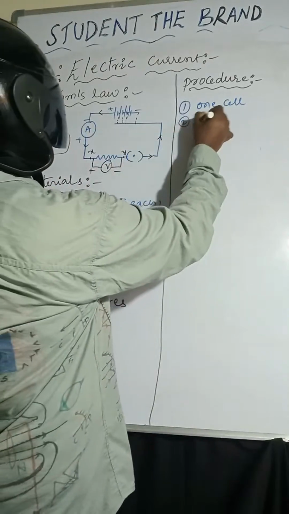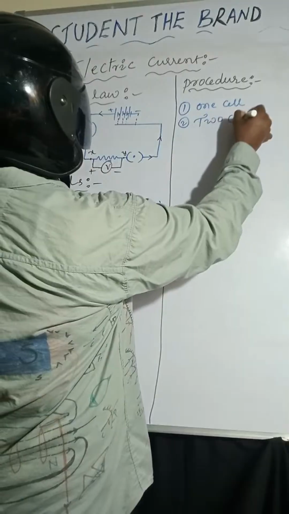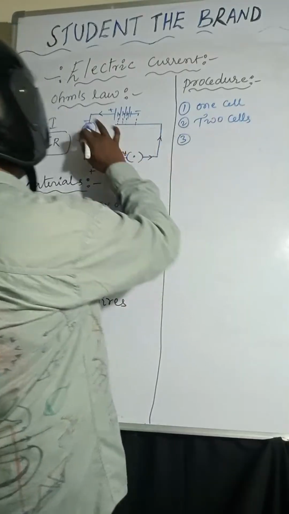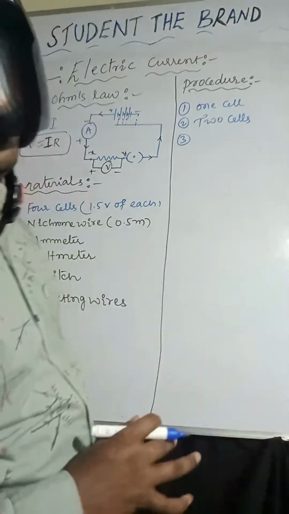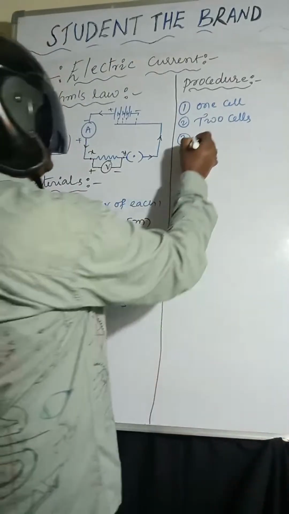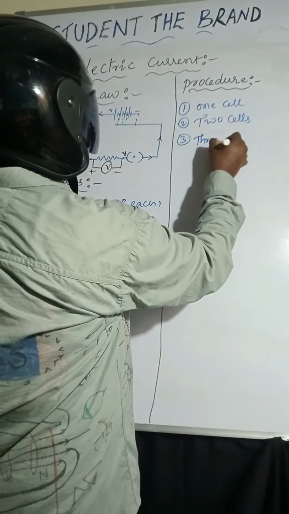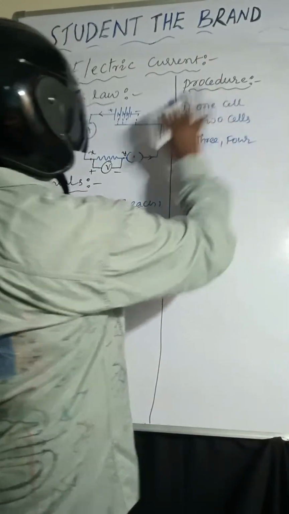Connect two cells and note down the reading of ammeter and voltmeter. Repeat the process for 3 and 4.